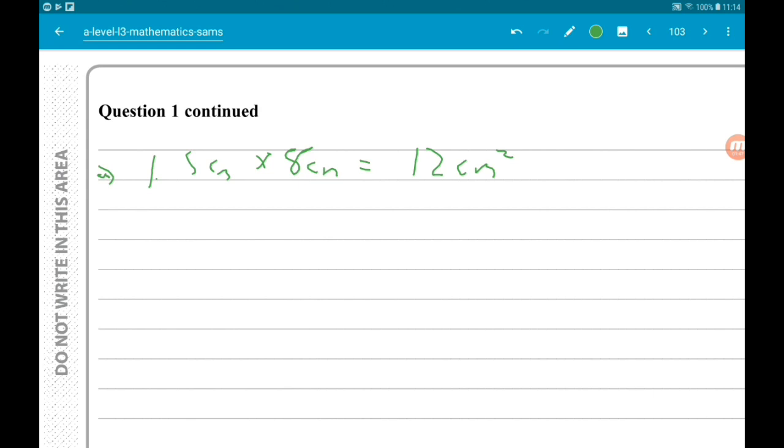So 12 centimeters squared represents a frequency of 8.